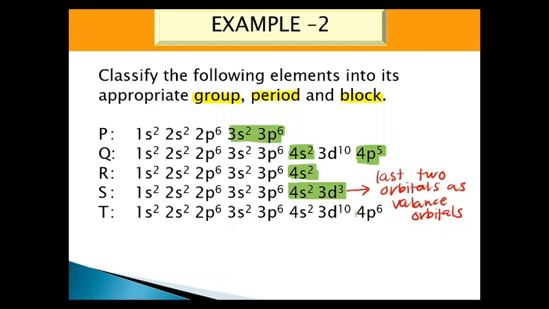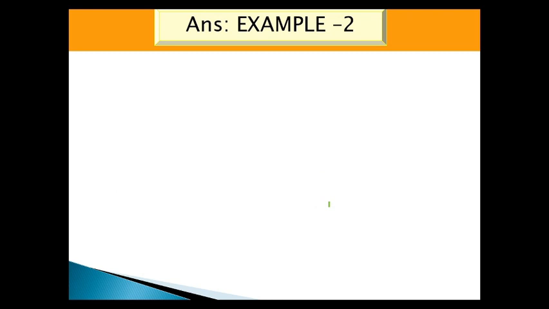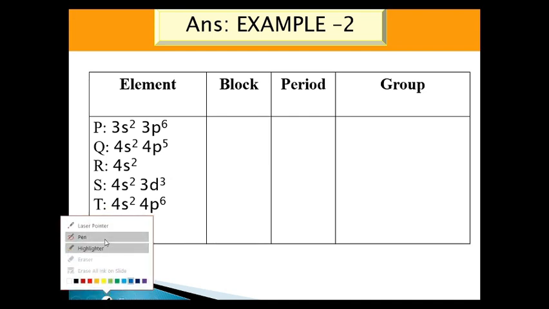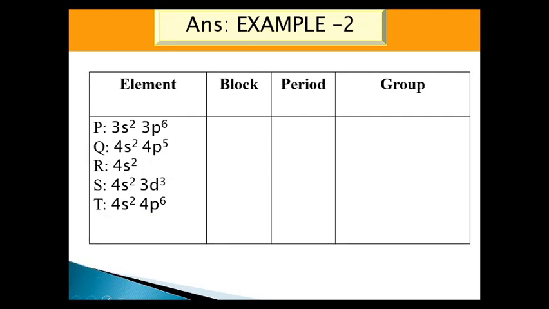For T, again we have 4p6, which means we have 4s2 as well as our valence orbital, so highlight that as well. I already listed down all the valence orbitals, so let's find out what the blocks, periods, and groups are.